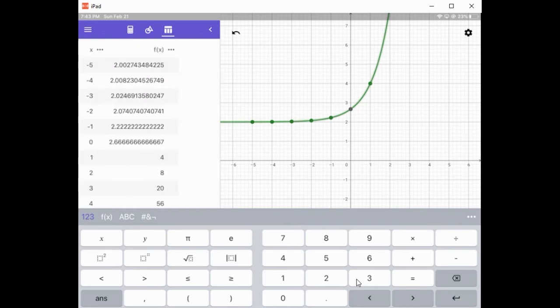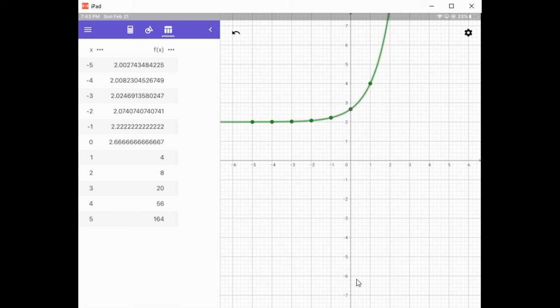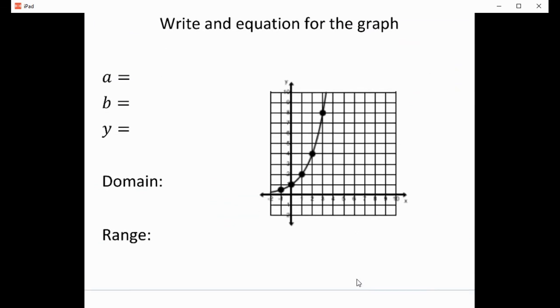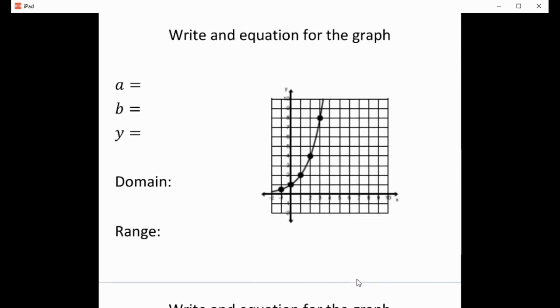And back over to my table of values, I only have 2, maybe 3 points I can plot. So (1, 4), (2, 8), and then 3 was 20, which would be up here. Then I'm going to connect the dots without touching or crossing the asymptote. There you go.